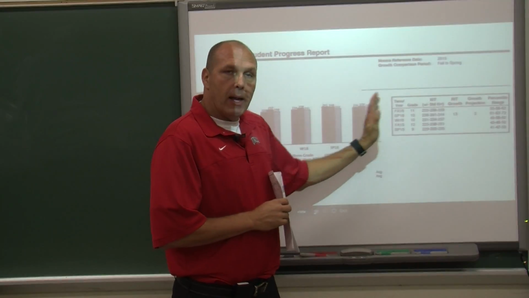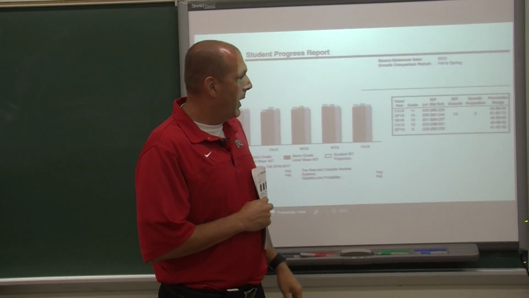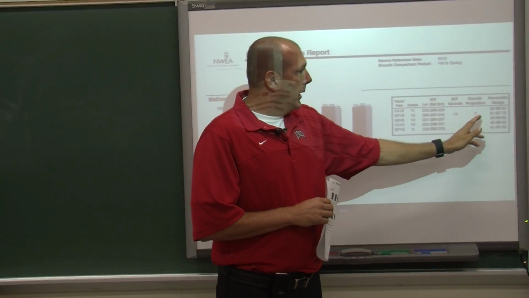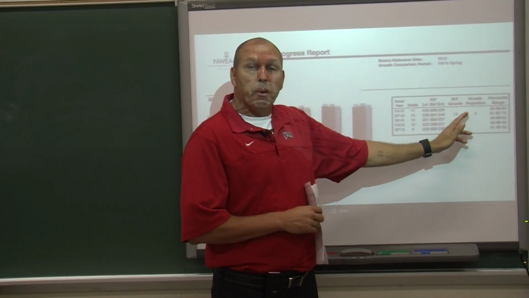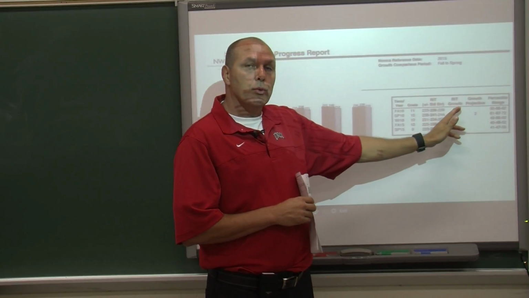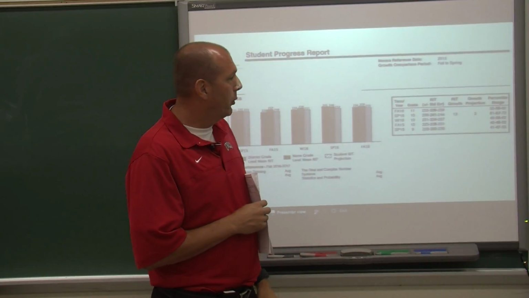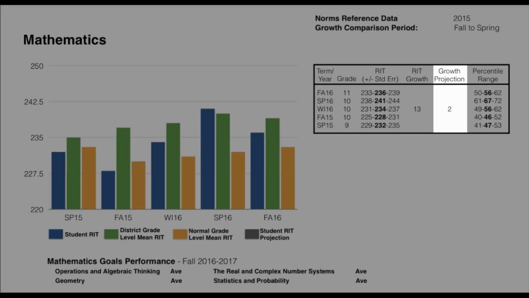Through all the mathematical observations here, this testing program can predict how much a student should grow from one testing cycle to another. So what this means is it was predicted that this student should grow 2 RIT points, and she actually grew 13. That's positive.